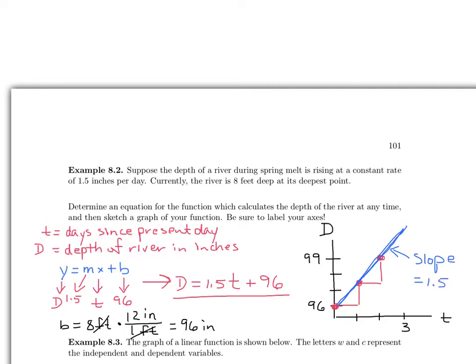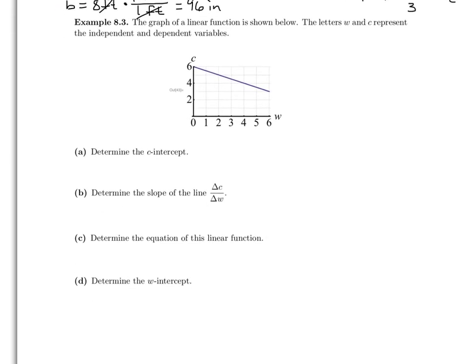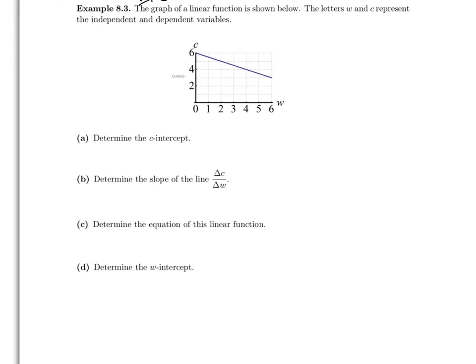It's the same as the rate, and the 96 here, that's the B. That's the same as the initial depth of the river. Now let's go ahead and look at example 8.3.